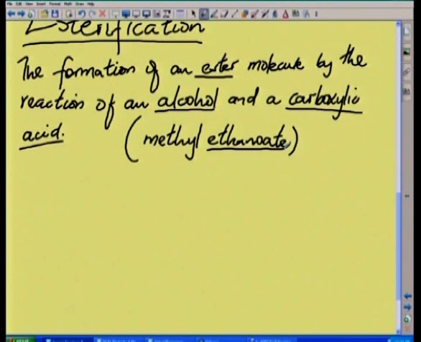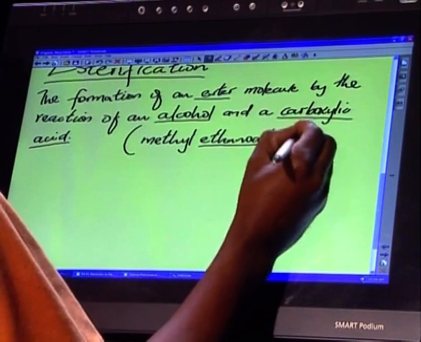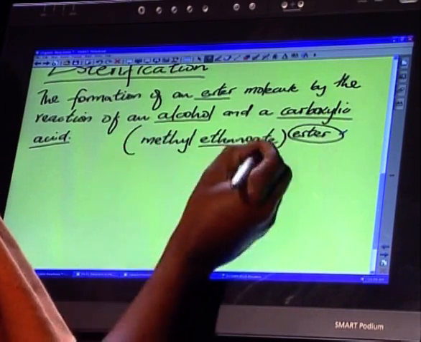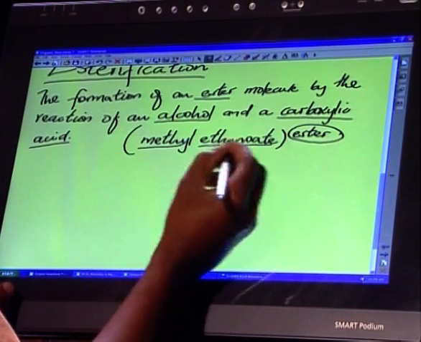If you see "oate" at the end, you know you're talking about an ester. Okay? So this ester is methyl ethanoate. By virtue of being methyl ethanoate, it is formed from the alcohol methanol, and the carboxylic acid was ethanoic acid.